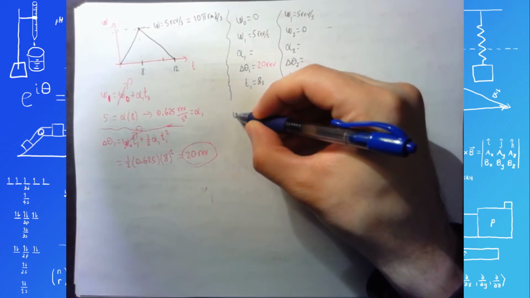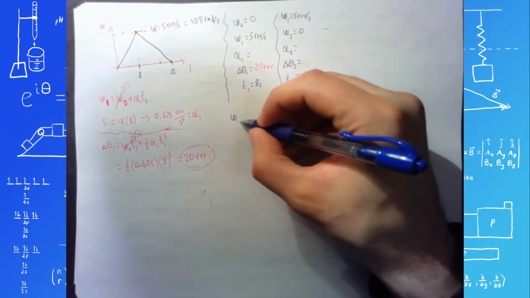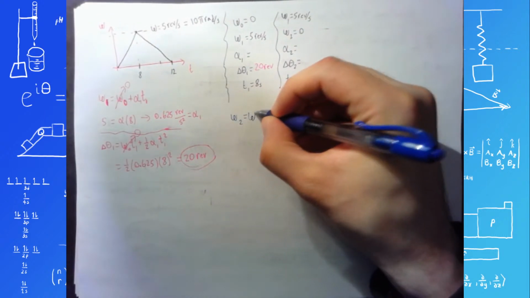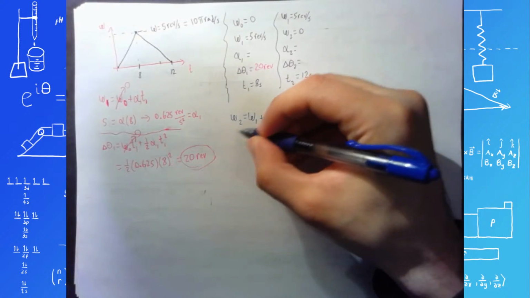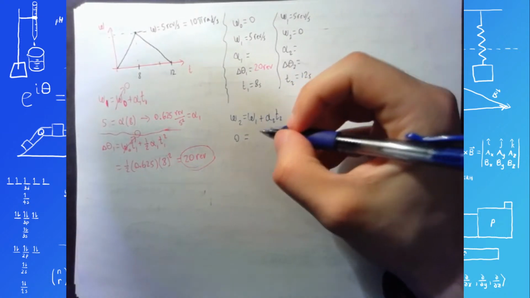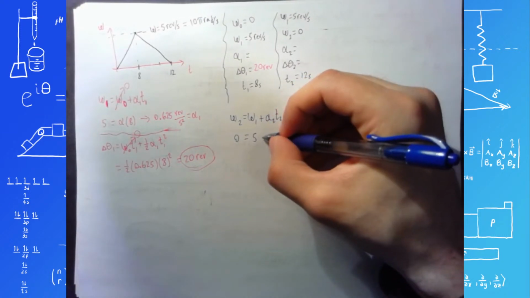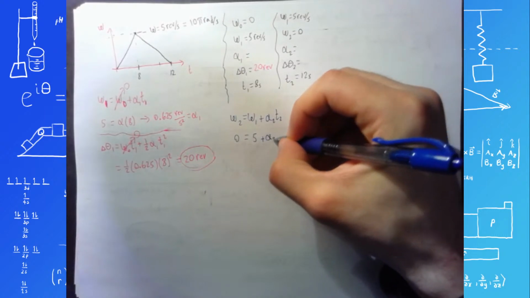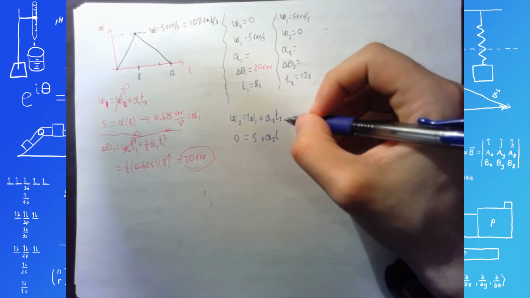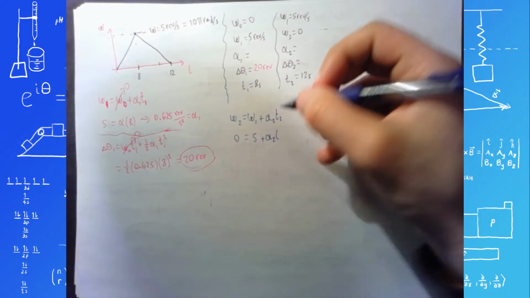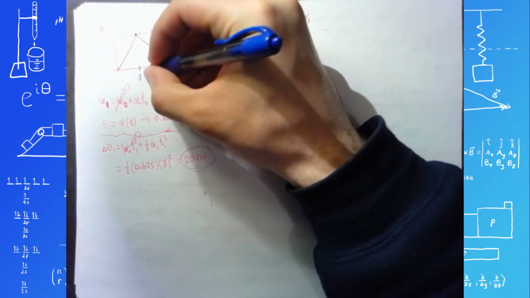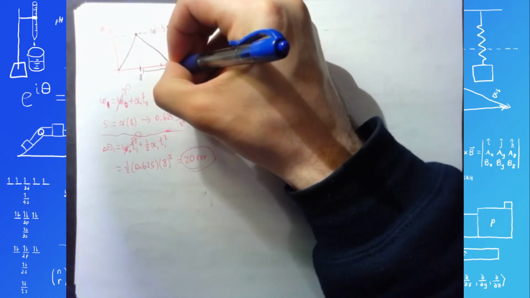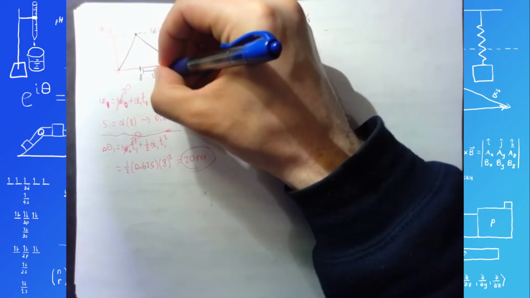So we would do omega 2 equals omega 1 plus alpha 2 t2. 0 equals 5 plus alpha 2 times, that is not 12. That is supposed to be 20, and this distance between them is supposed to be 12.